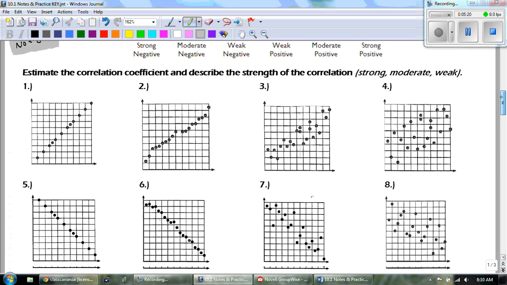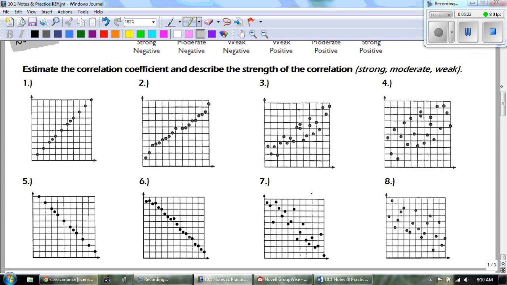Okay. So what we're going to do is look at these graphs and estimate the correlation coefficient and describe the strength of the correlation, whether it's strong, moderate, or weak. All right, so looking at the first example, I can tell that it is positive, right?